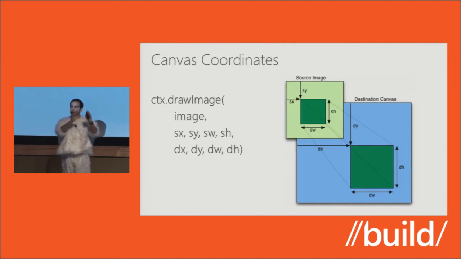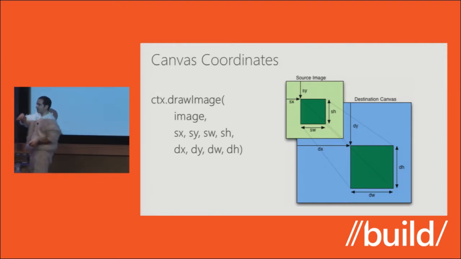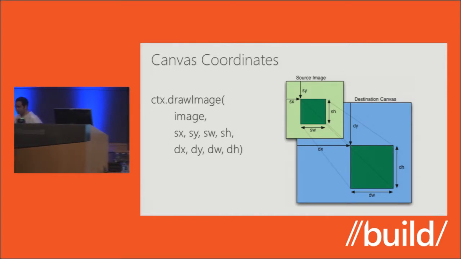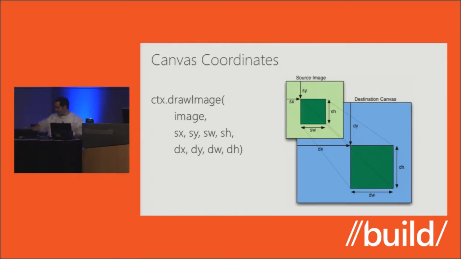And so you start from a source image, the one in yellow, and you say, crop this image, starting from this sx and sy for this width and height, and then remap it on my new canvas, eventually make it larger, make it longer, change the position. And so we're going to use this. You see the first argument is an image. The other 4 arguments are the rectangle of the source, and the next 4 arguments are the rectangle of the destination.